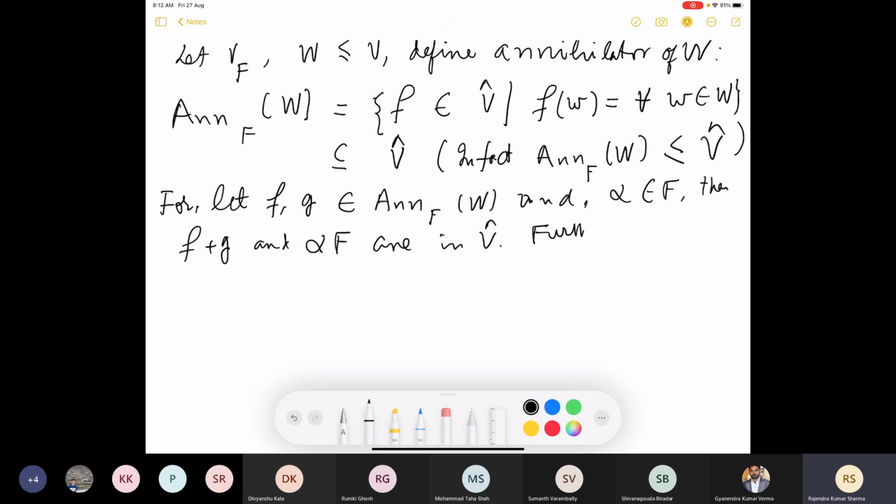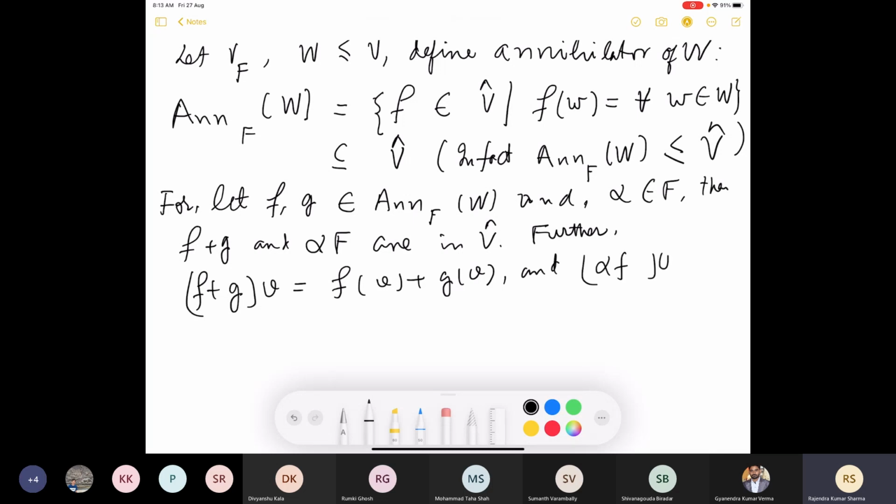Further, you can see that f plus g on v, because they are vector space homomorphisms, and how the sum of the two homomorphisms T1 and T2 is defined: T1 plus T2 acting on v is T1(v) plus T2(v). And also alpha f of v is the same as alpha f(v).